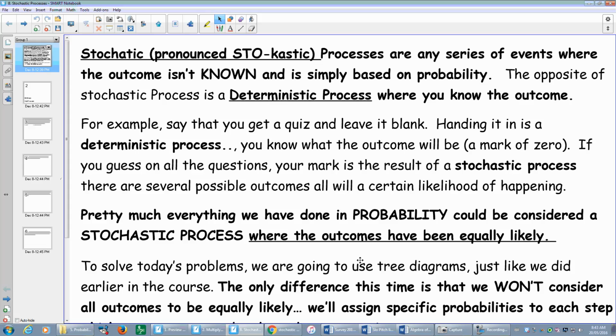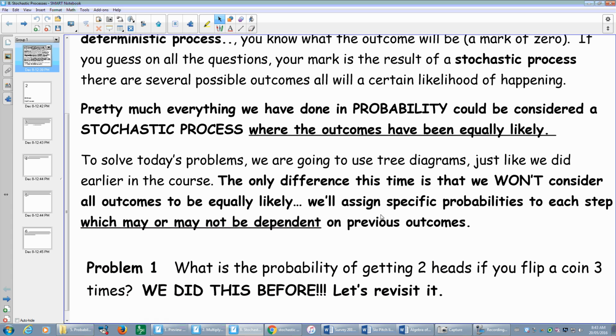Pretty much everything we have done in probability could be considered a stochastic process where the outcomes have been equally likely. To solve today's problem, we're going to use a tree diagram just like we did earlier in the course. The only difference this time is that we won't consider all outcomes to be equally likely. We'll assign specific probabilities to each step, which may or may not be dependent on previous outcomes.